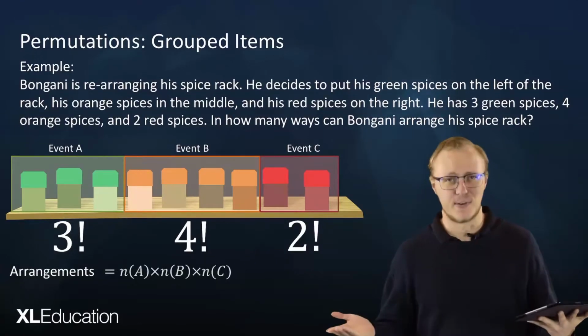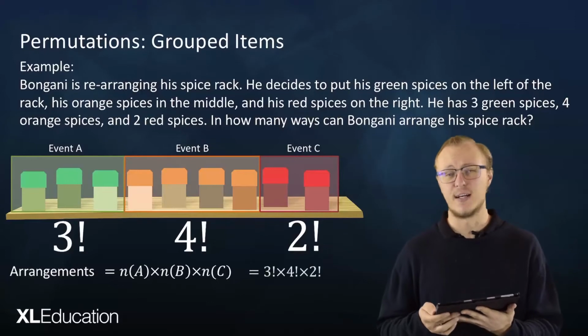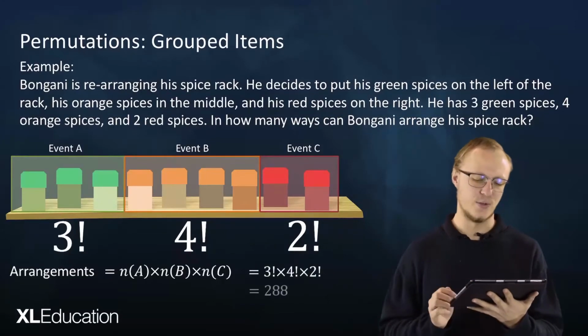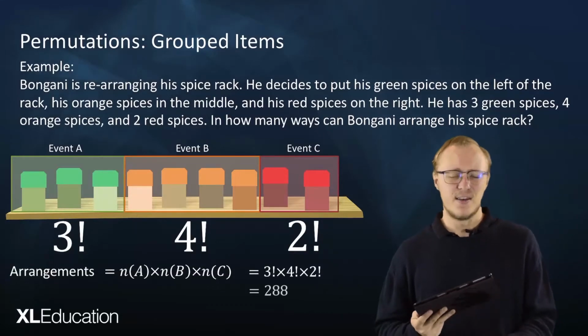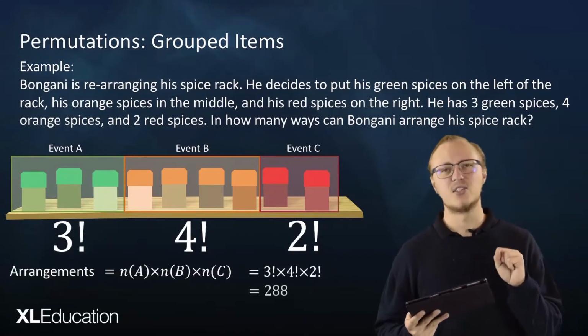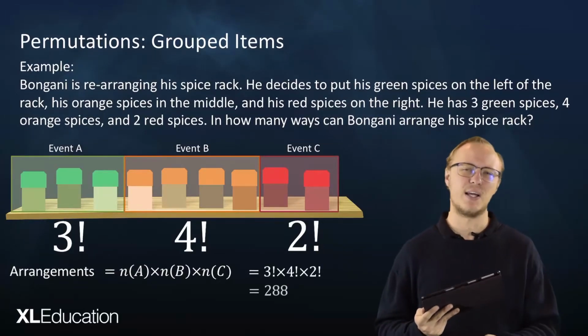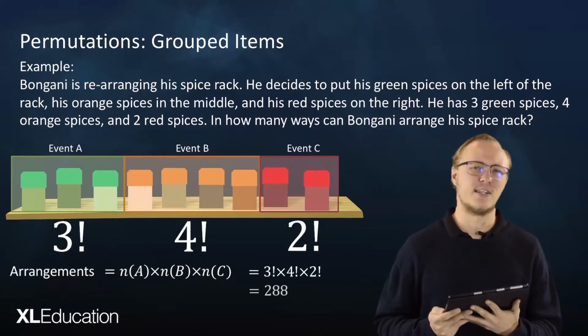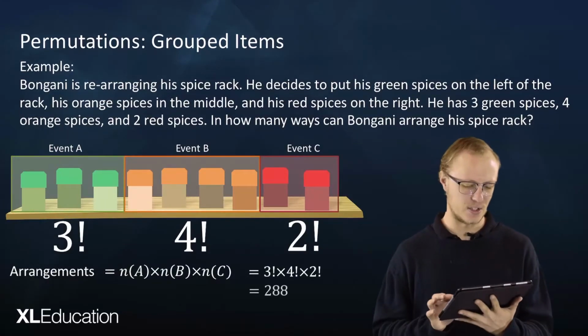So it's the fundamental counting principle. And that's going to be equal to 3 factorial times 4 factorial times 2 factorial equals 288. So given that he's grouped the greens, oranges, and reds and put them on a specific place on his spice rack, there are 288 unique combinations within those circumstances.